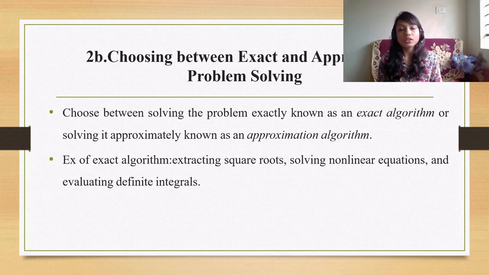For an exact algorithm, we can consider the addition program. If we consider the addition of 2 and 3, we get an exact answer. It is 5, not approximate. Some other problems for exact algorithms are extracting square roots, solving non-linear equations, or evaluating definite integrals.